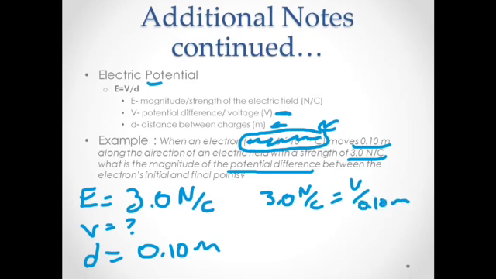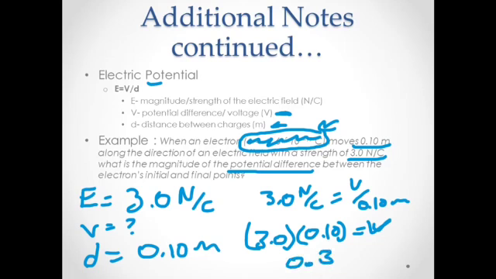Multiply both sides by 0.1. So that's 3.0 times 0.10 equals V. I'm going to drop the units just for now. And you could do this in your head if you wanted. It's just 0.3. So 0.3, and then the units for potential difference is volts.